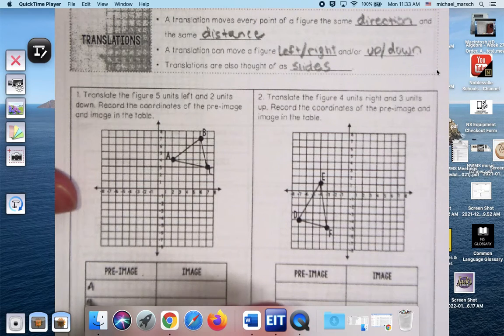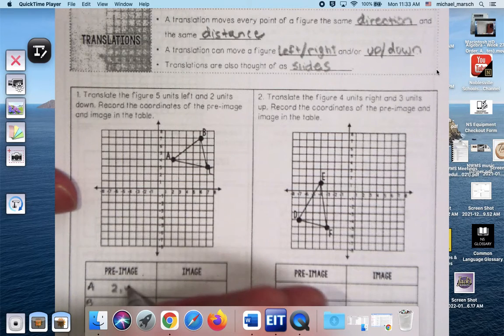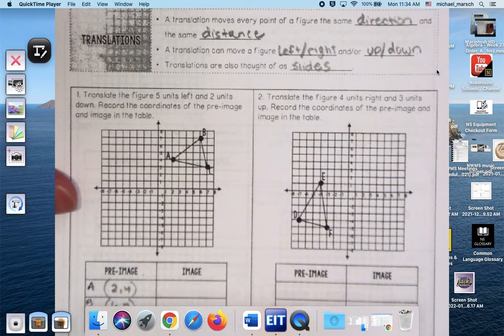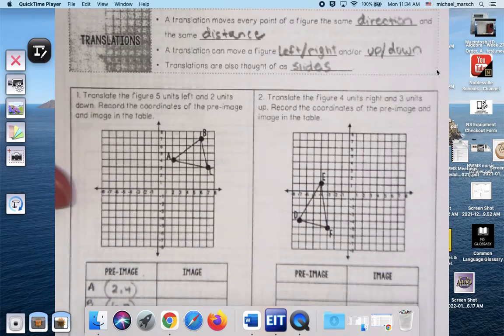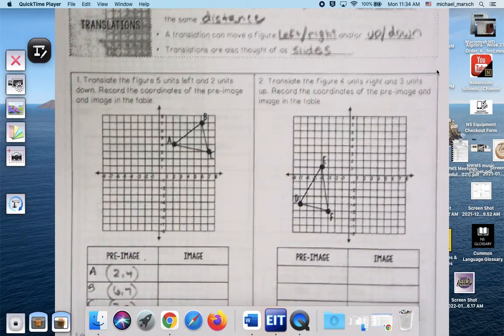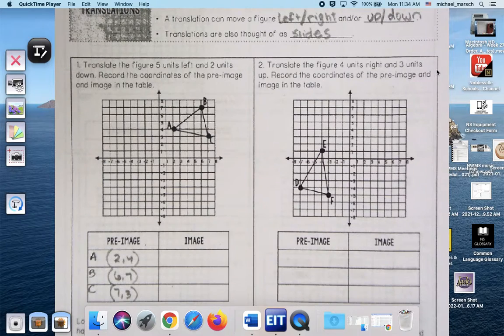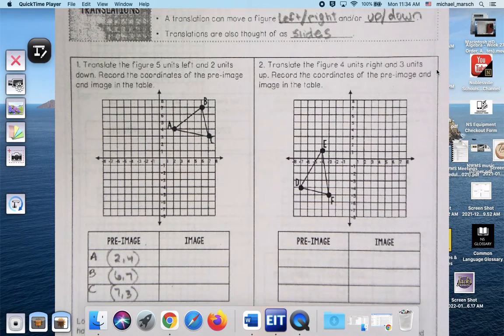So we have A, B, C. And it wants us to translate the figure 5 units to the left and 2 units down.